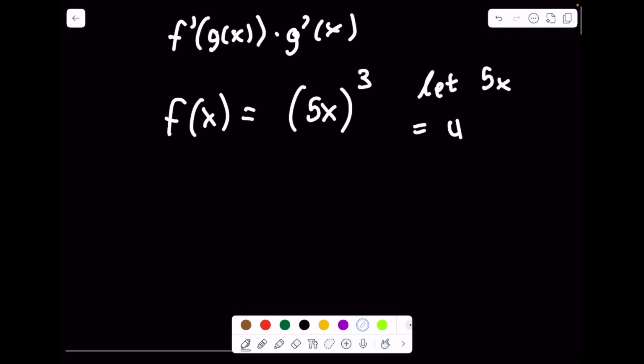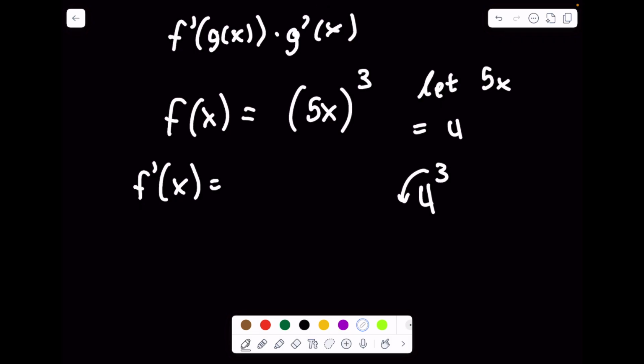Now the function is really just u cubed. This is just a power function, so we'll use the power rule. You bring the 3 down to act as a coefficient, 3u, and then subtract 1 from the exponent, so we get 3u squared.